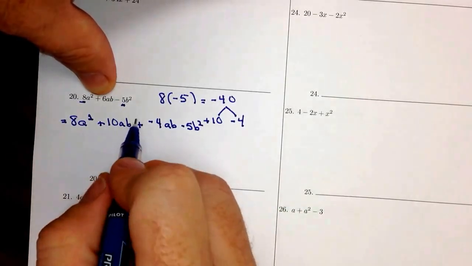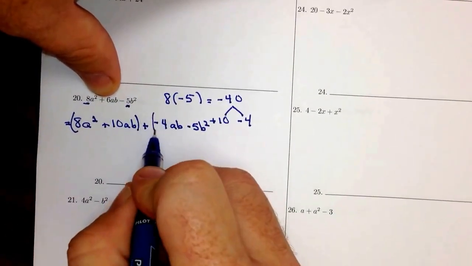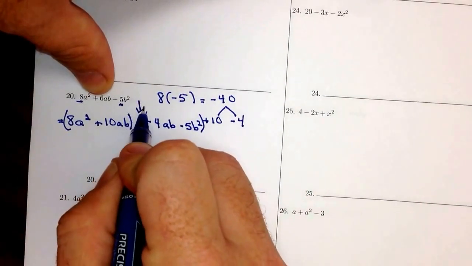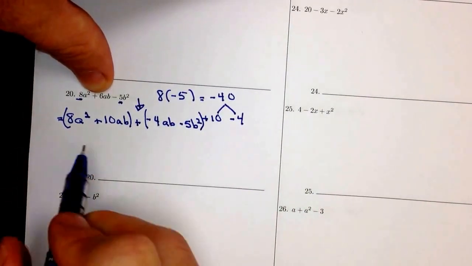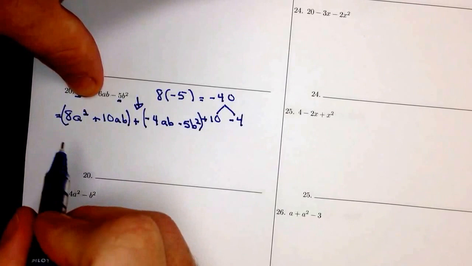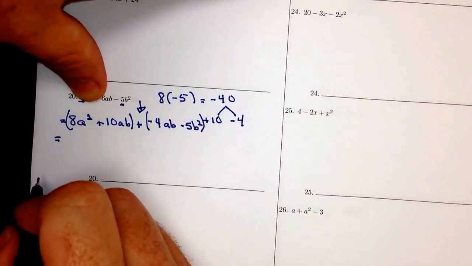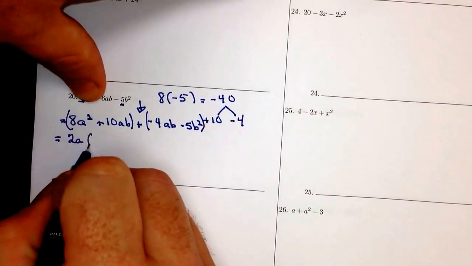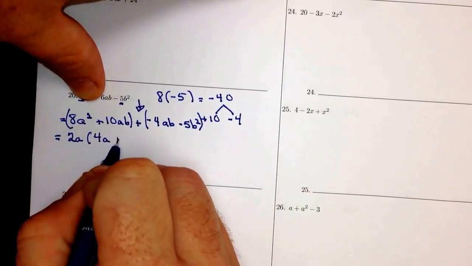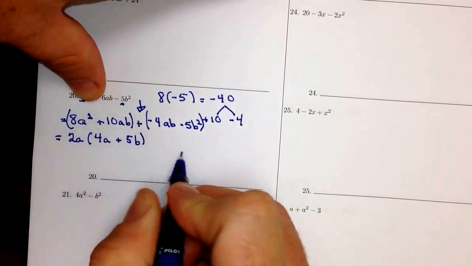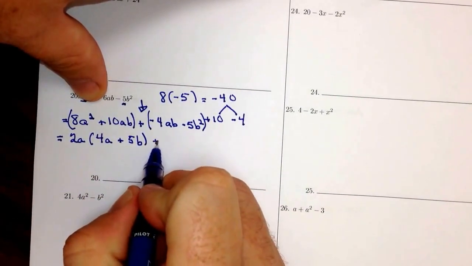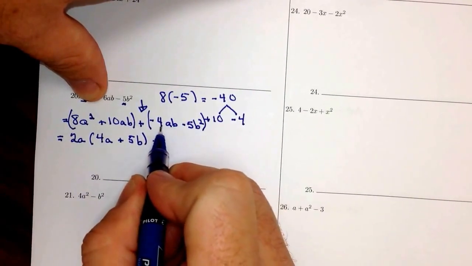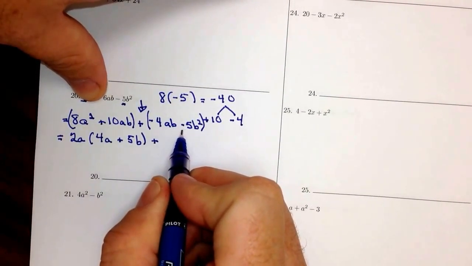Now you always want to write it like this because we're going to group, and you always need a plus between the grouping symbols. So when we look at this, what can be factored out? I can pull a 2a out. So 2a leaves me with 4a plus 5b. And then in the second 2, I need to pull out a minus b.